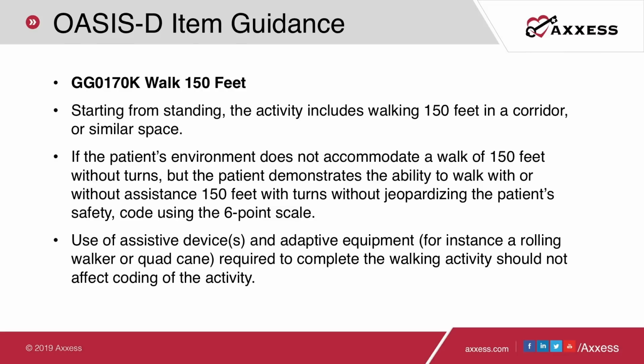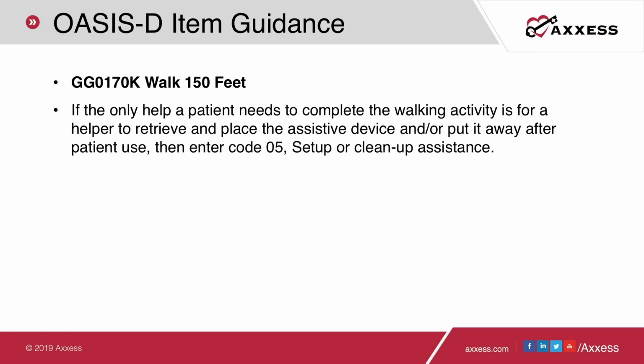The use of assistive devices or adaptive equipment, for example, a rolling walker or quad cane, required to complete the walking activity should not affect coding of the activity. If the only help a patient needs to complete the walking activity is for the helper to retrieve and place the assistive device before or after use, then you'll enter a code number 5, setup or cleanup only.